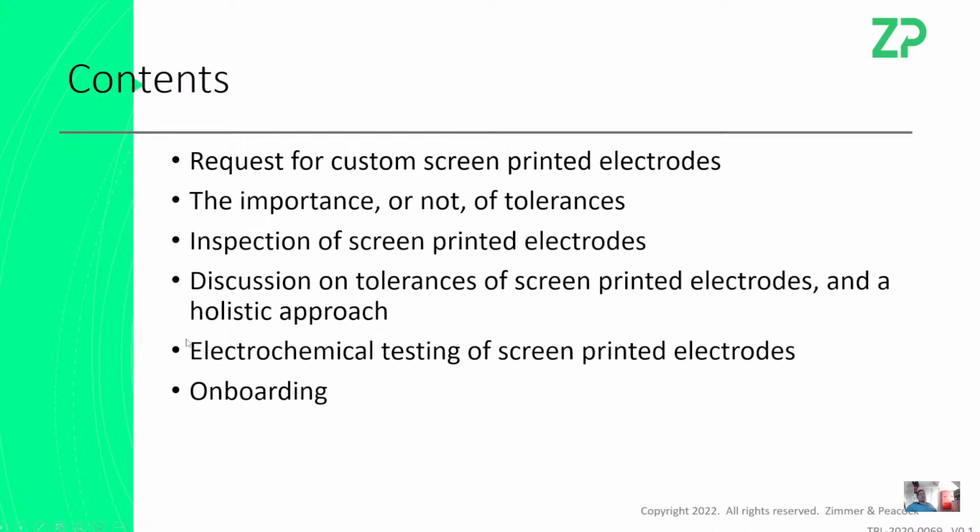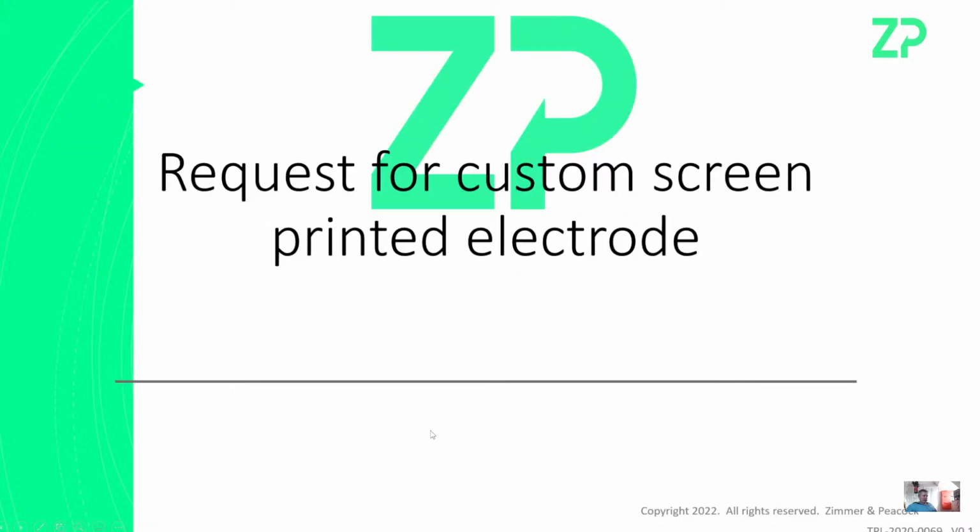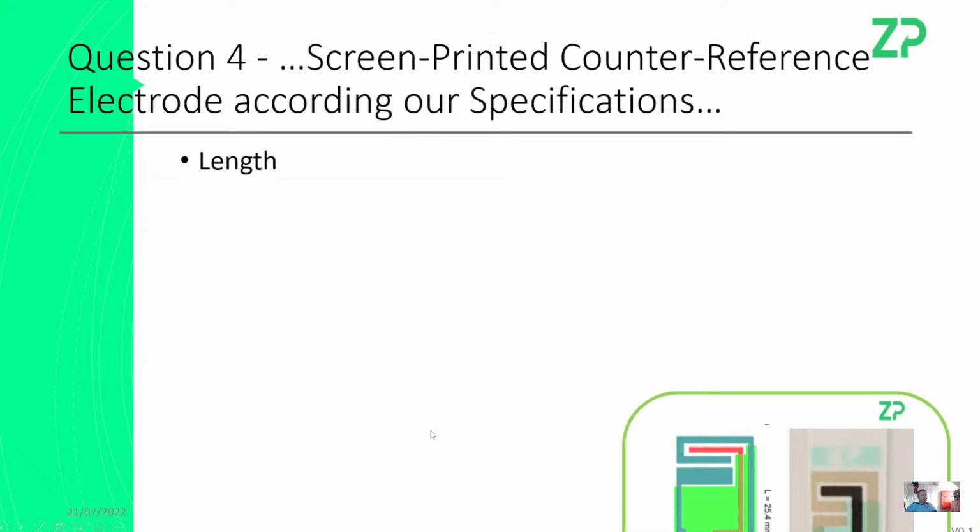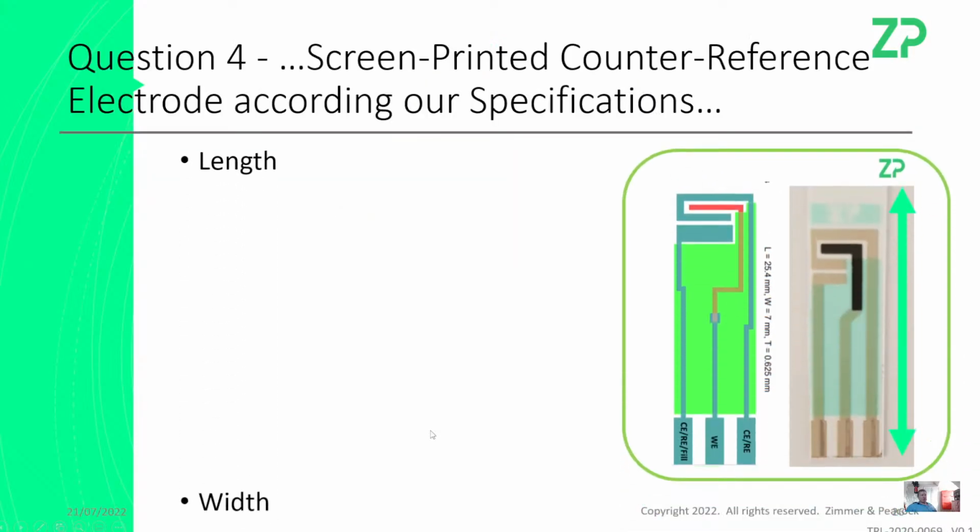Very rarely do people actually ask us to do electrochemical characterization of screen printed electrodes, but that's probably important. And then there's a commercial side to this, which is when companies onboard with one another. So you get a request for a screen printed electrode. In these requests, people will often ask for a certain length, a certain width, maybe a certain thickness of substrate, but not all the time.